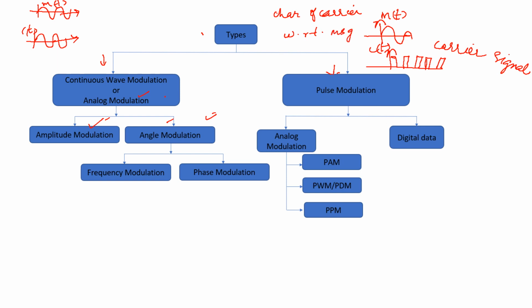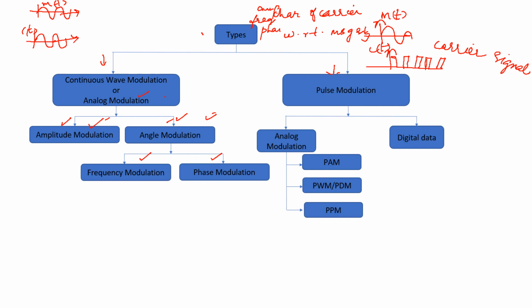The different characteristics of a carrier signal are amplitude, frequency, and phase. Depending on this you have the classification: amplitude modulation and angle modulation. Angle modulation can again be divided into two types: frequency modulation and phase modulation.